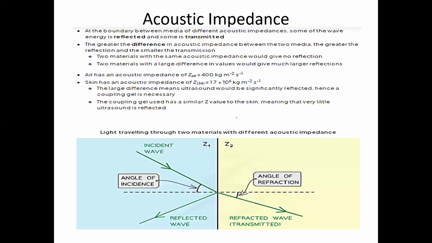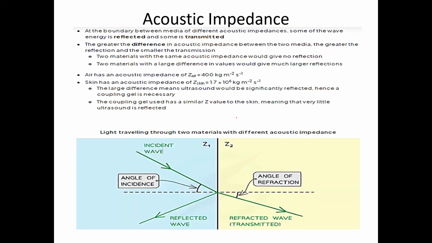Okay, moving onwards. Acoustic impedance, we are just going to see what is happening inside it. At the boundary between media of different acoustic impedances, some of the wave energy is reflected and some is transmitted.